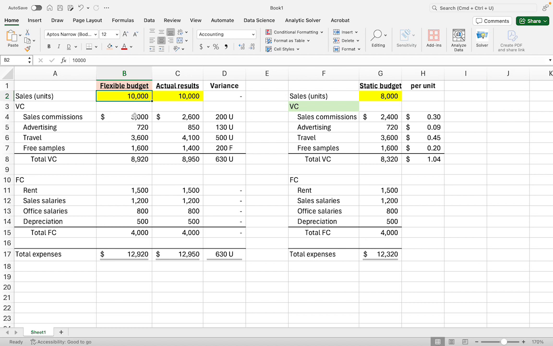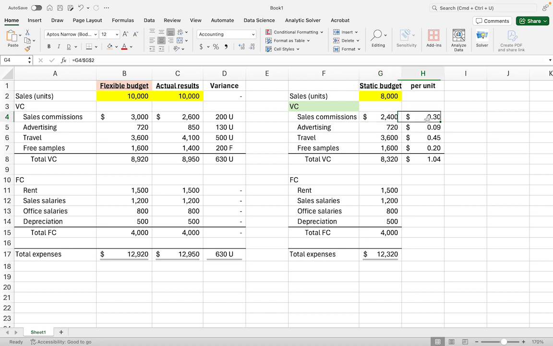In other words, if I had known back when I made the original budget that we were going to sell 10,000 units, I didn't, because I made the budget for 8,000 units. But if I had known, I would not have budgeted $2,400 for sales commissions because sales commissions is a variable cost.